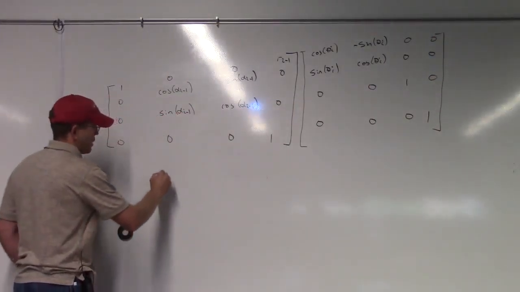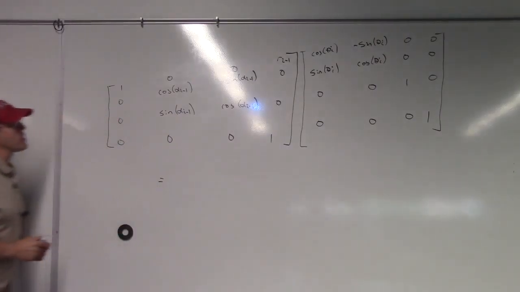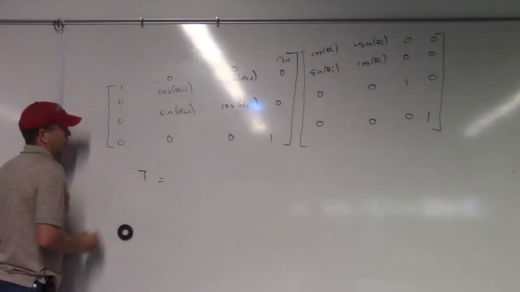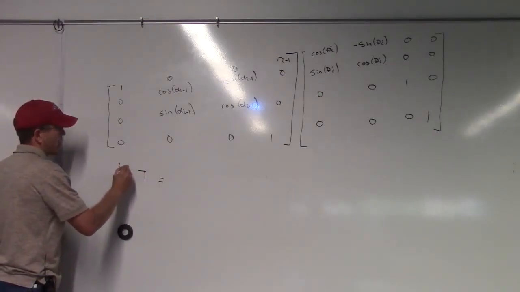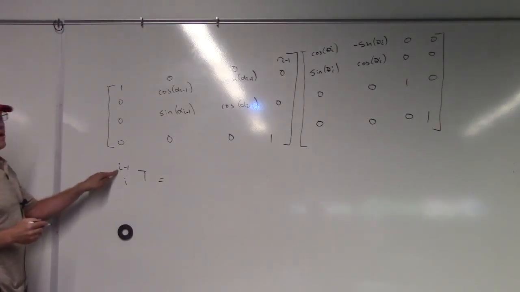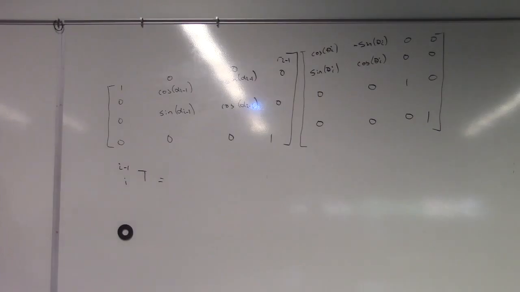So we can multiply these out and have a general transformation to express the i joint link pair in terms of the i minus 1 joint link pair.